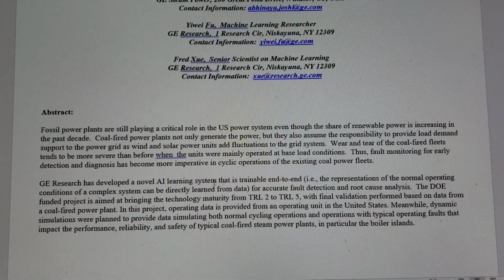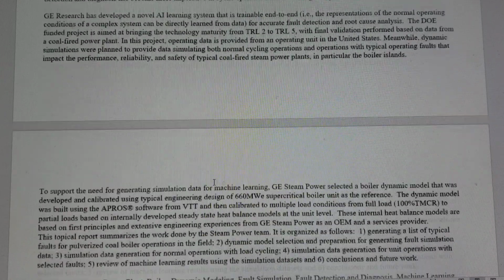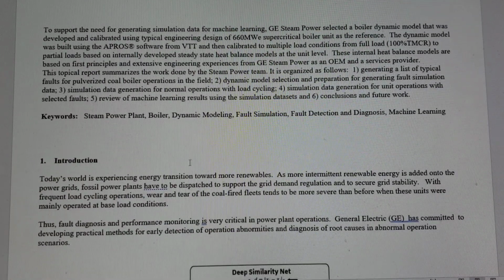Here's the abstract. You can read that when you get the paper. Look at the keywords: steam power plant, boiler, dynamic modeling, fault simulation, fault detection, diagnosis, and machine learning.